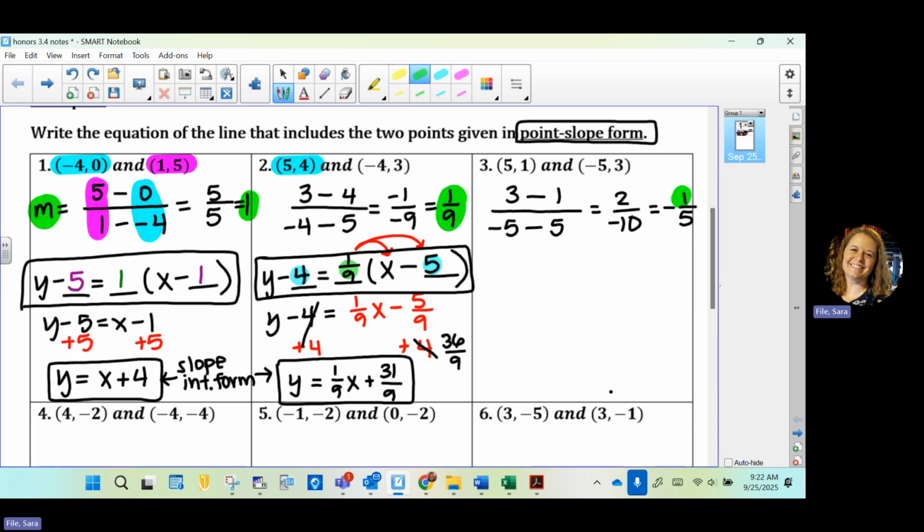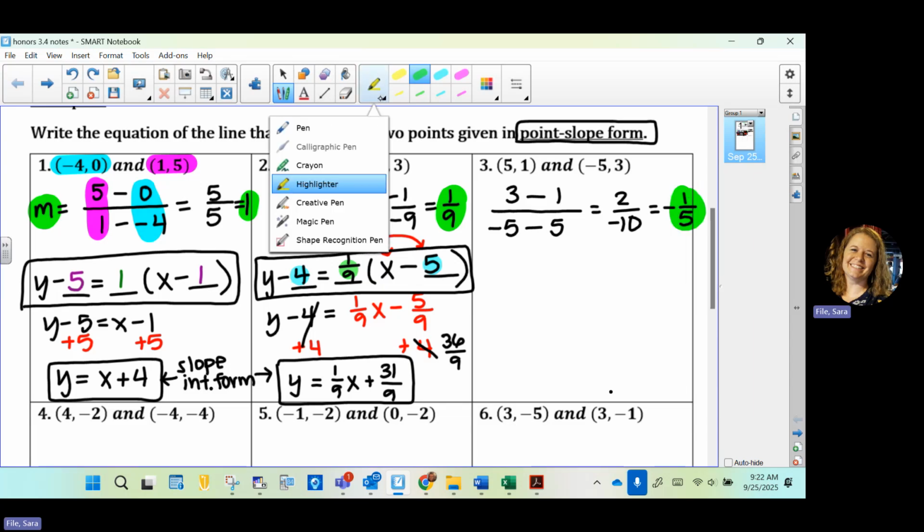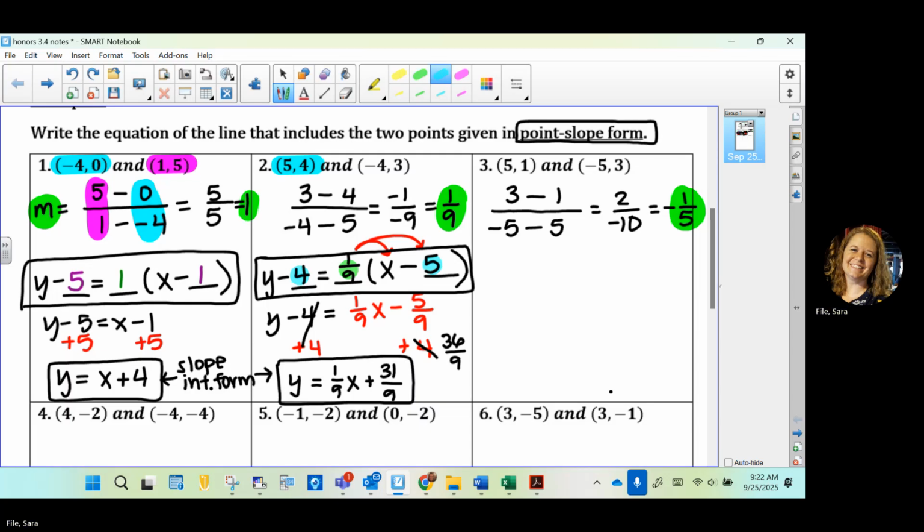So then I'm going to use that slope and one of the points. Which point do y'all want to use? Okay, so we're going to use the 5 and the 1 and plug in. So y minus y1 equals m times x minus x1. So the slope is negative 1/5. The y is 1 and the x is 5.